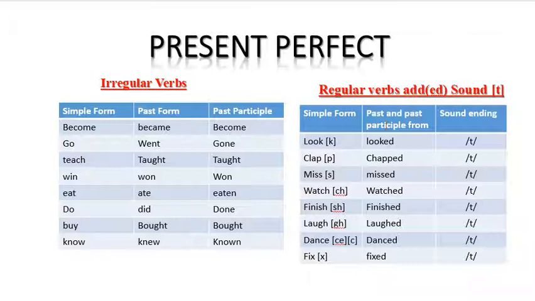For example, the simple form, or sometimes we call it the infinitive verb in present: become, became, become; go, went, gone; think, thought, thought; win, won, won; eat, ate, eaten; do, did, done; buy, bought, bought; know, knew, known. That is the irregular verb that we use in present perfect and past perfect as well.